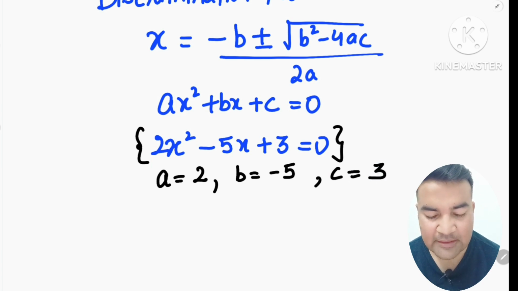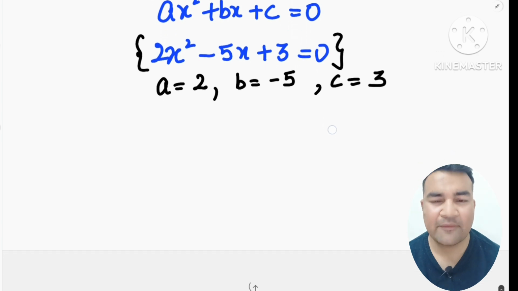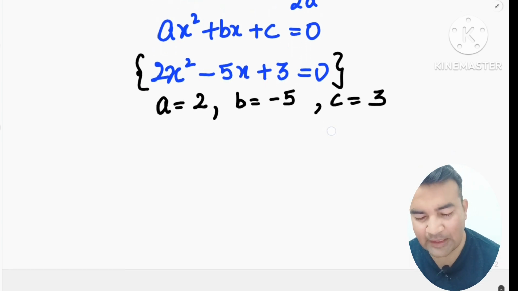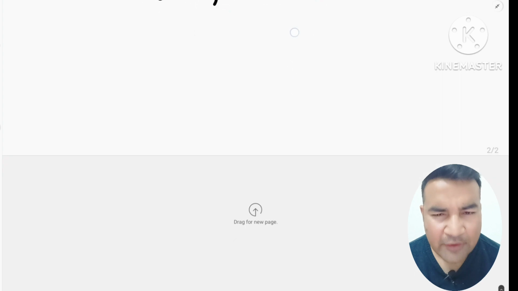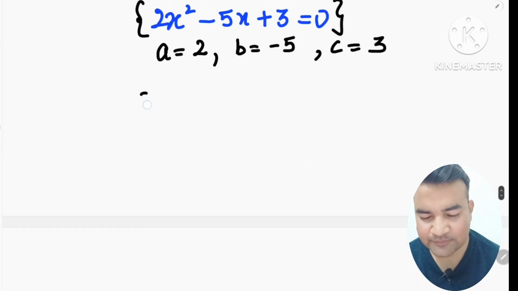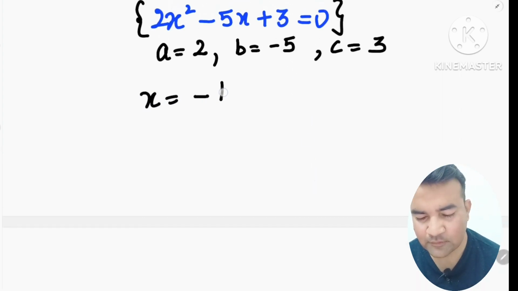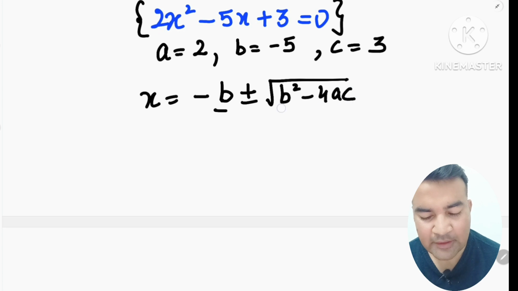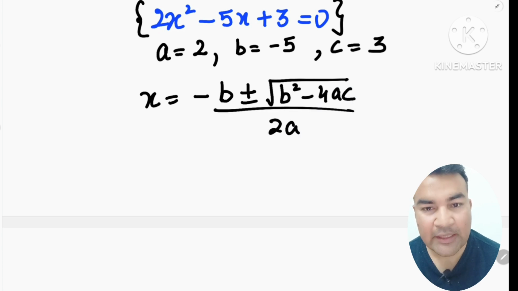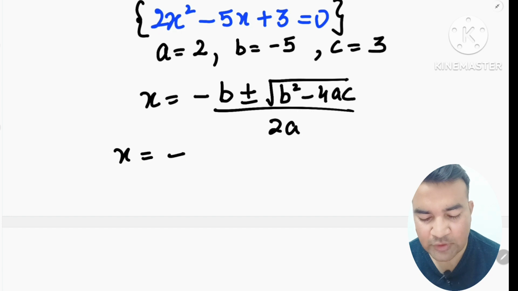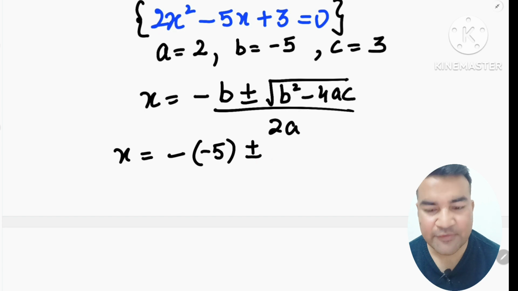Now if we know the formula, simply put the values and find the answer. Now I'm just scrolling it up. Can you recall the formula? Yes, x is equal to minus b plus minus under root b square minus 4ac over 2a. So here minus b is minus 5, so we'll write minus 5 plus minus under root.